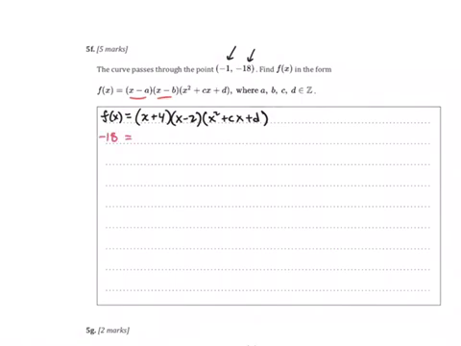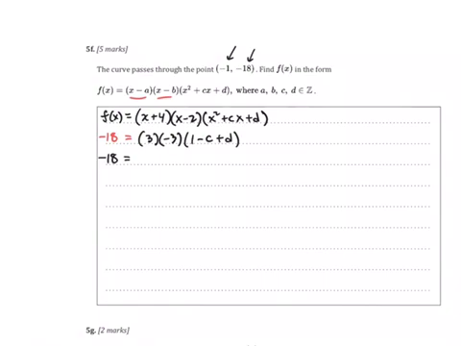Negative 18. If I plug a negative 1 in here, looks like I get 3. Negative 1 in here, I get negative 3. Negative 1 in here, I get 1 minus c plus d. Let's do a little algebra here.